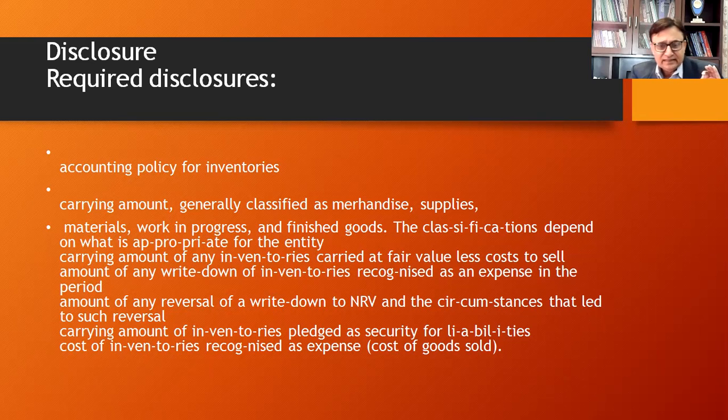So the carrying amount of any of the inventories is carried at fair value less cost to sell, and the amount of any write-down of the inventory is recognized as an expense in the period. Sometimes what happens is, according to your model of valuation, either FIFO, weighted average cost method, or specific identification, you have the closing amount of inventory which is 50,000 only. But if you compare it with the net realizable value, that comes out to be 20,000 only.